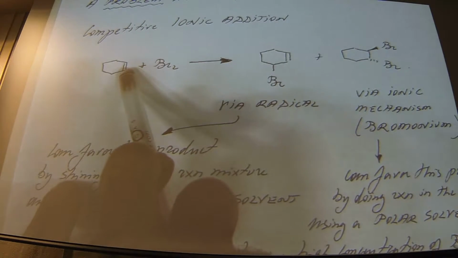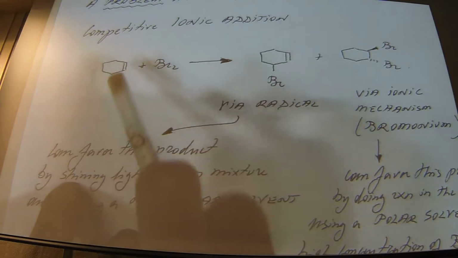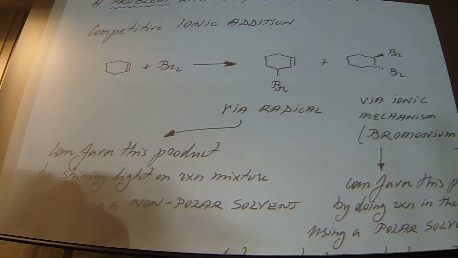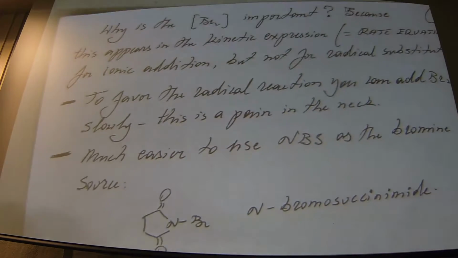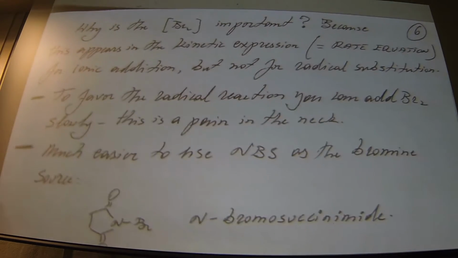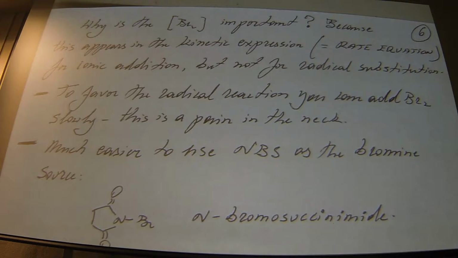That's not going to be the case for the allylic bromination. That slow step is going to be the hydrogen atom abstraction, and so you can favor the radical reaction, the allylic bromination, by keeping the concentration of bromine at all times low.